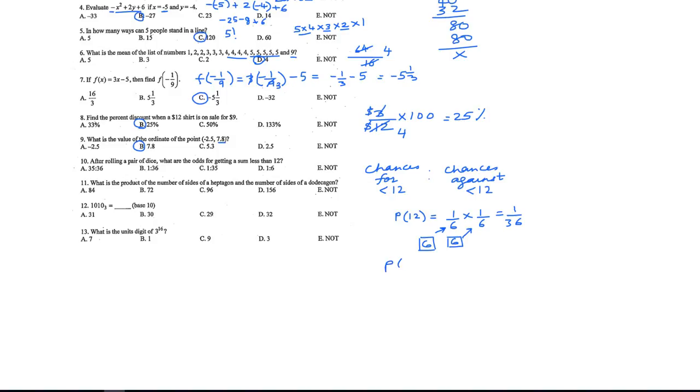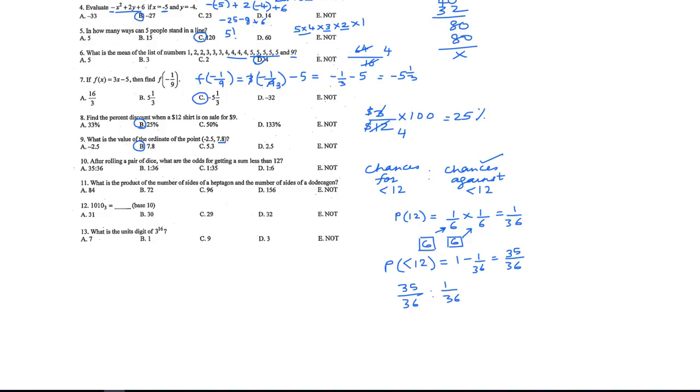So the probability of getting less than 12 as the sum is 1 minus 1 over 36, which is equal to 35 over 36. So the chances for getting the sum less than 12 is 35 over 36, and the chances against getting less than 12 is 1 over 36.